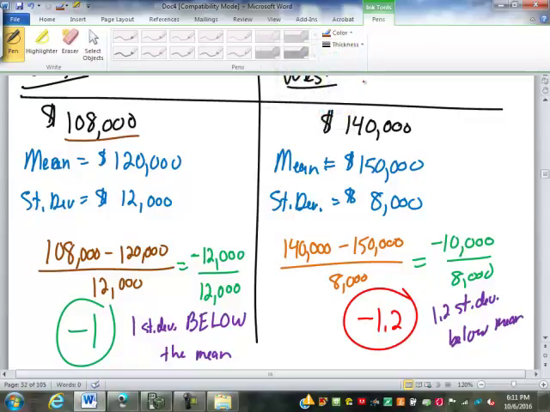So what that's saying is that compared to the houses in that area, this one is more unusual. It's further below the expected value, even though it's only 10,000 below, and this one is 12,000 below, because there's less variance, less deviation in those prices. That doesn't necessarily mean it's a better deal.